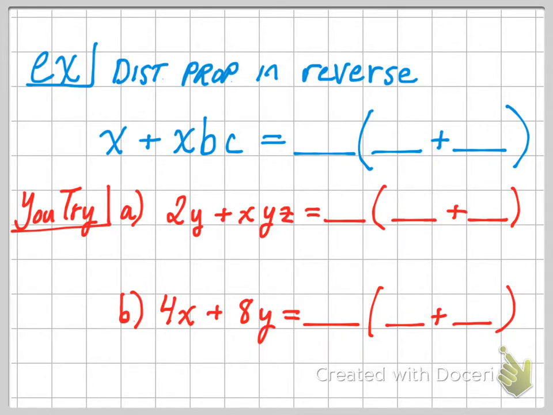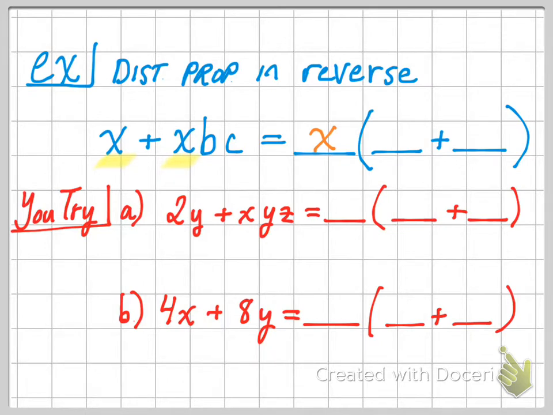Well, what I notice right away is that there's an x in the first term, and there's also an x in the second term. So if I was rewriting this by applying the distributive property, it's telling me that that x is what I'm writing on the outside because it's in both terms. And we can imagine it getting multiplied back in: what would have to be in the 2 remaining blank spots inside the parentheses.